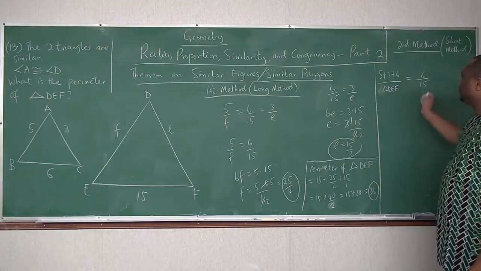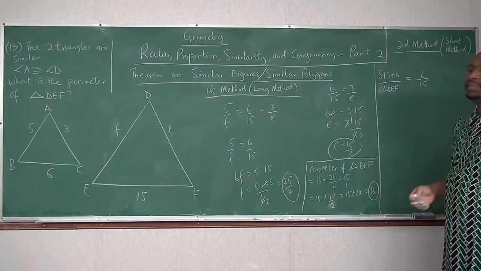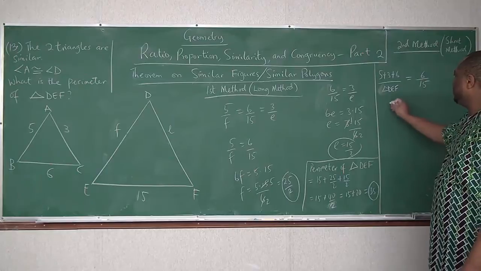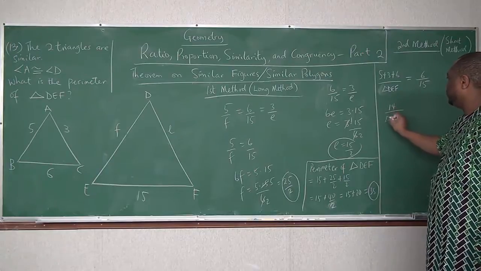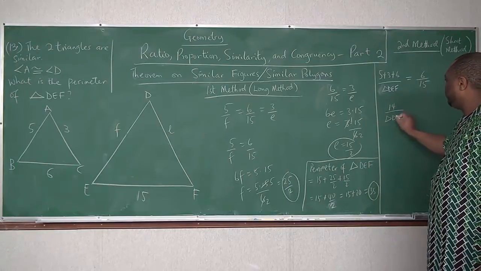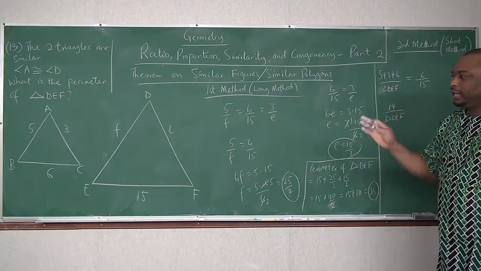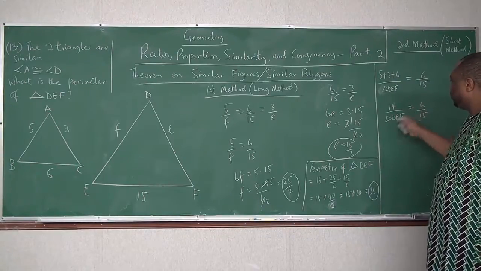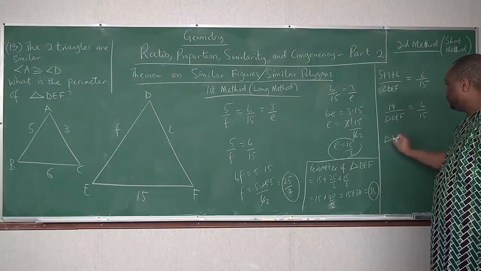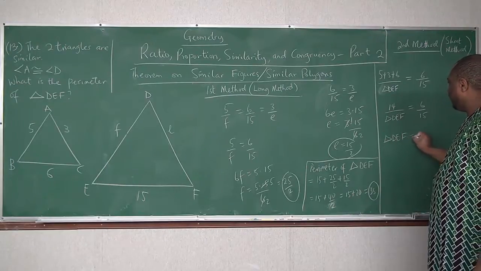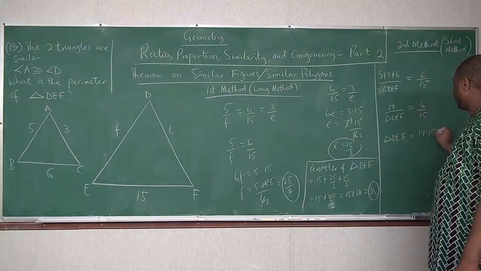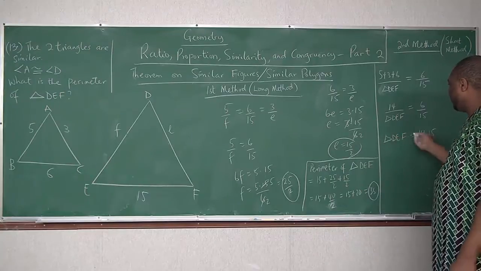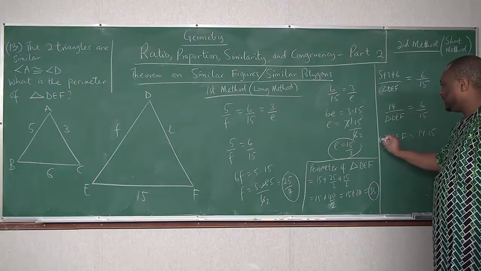So 5 plus 3 is 8, plus 6 is 14. So 14 over the perimeter of triangle DEF is equal to 6 over 15. The perimeter of triangle DEF is 14 times 15 divided by 6, because this is 6 times this.